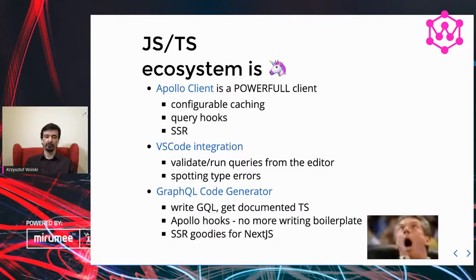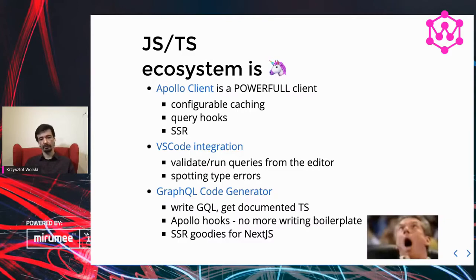Speaking of tools, VS Code integration is great because there's an Apollo plugin which can read your queries you write in your TypeScript. If you use Apollo server, you can even have annotations how long particular fields are executing.